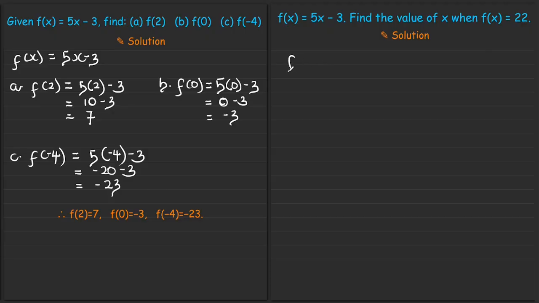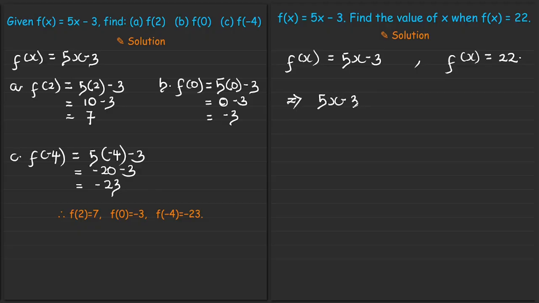We know our f of x is equal to 5x minus 3, and we also know that f of x is equal to 22. So what we should do is equate 5x minus 3 to 22 because they are all f of x's.